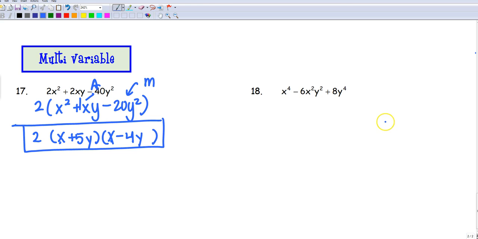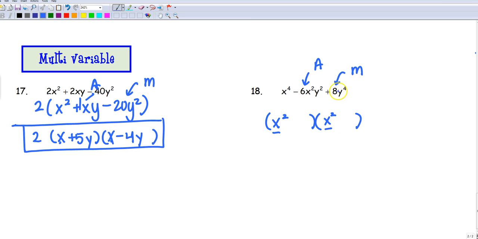Last one. All right, no GCF, they don't all have an x or y. No number that comes out of all of those. So again, we're going to do some reverse FOIL. Multiplies to 8, adds to negative 6. The first term times the first term gives me x to the fourth, so I need to have x squareds.